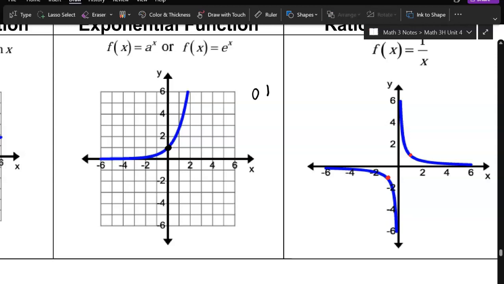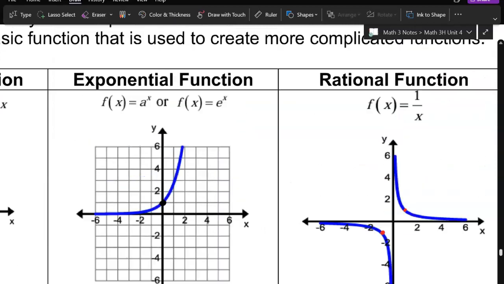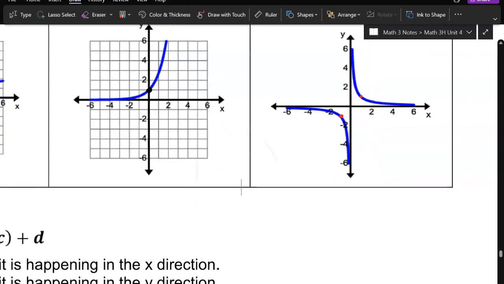So it goes through 0, 1, and then 1 is going to be e to the first, and then 2 is e to the second. Essentially, you're just curving towards that asymptote, and then your exponential just keeps growing after that.